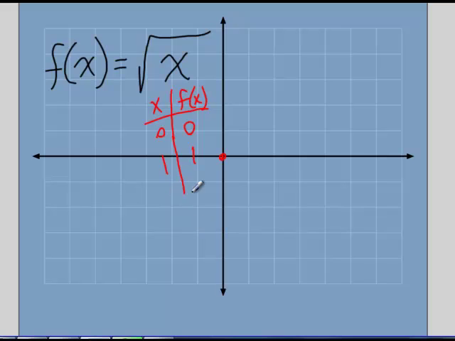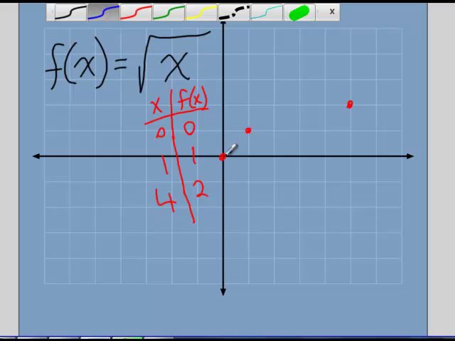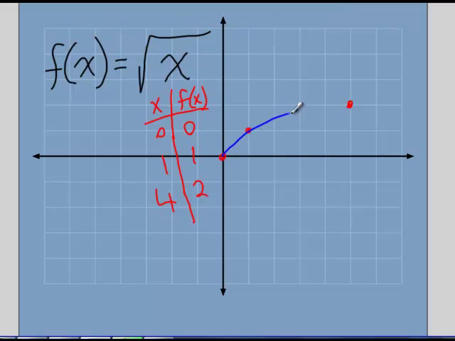And let's do an even square. So if I put x is 4 here, my f of x is going to be 2. And that gives me this general shape. When 1, 2, 3, 4, it's 2. And I can approximate the curve here and say that my function looks like this.